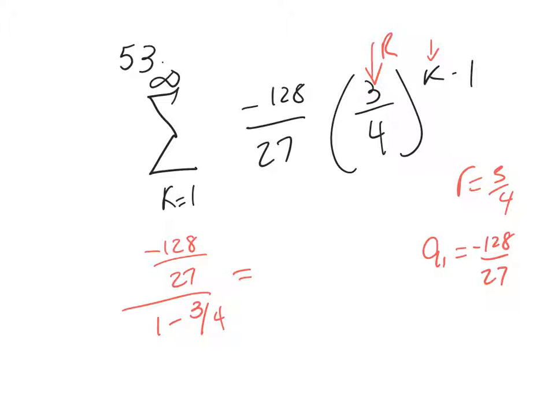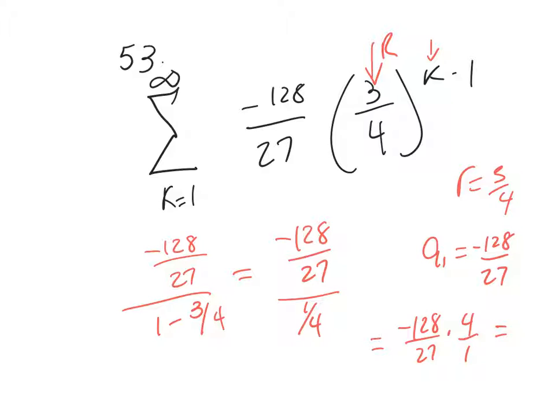So that's equal to negative 128 over 27 divided by 1/4, which is equal to negative 128 over 27 times 4 over 1. And what is that? Negative 512 over 27.